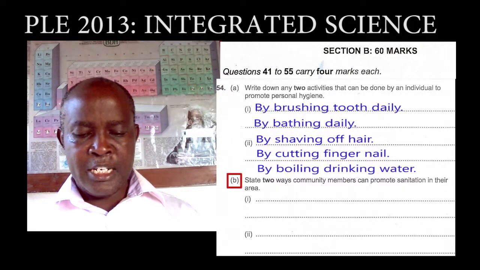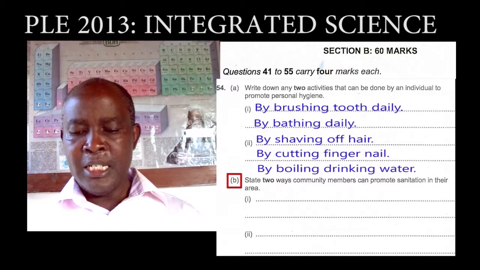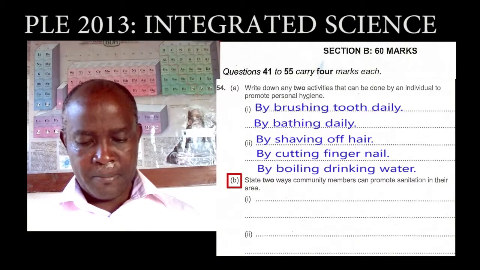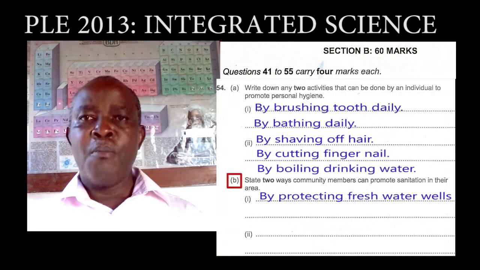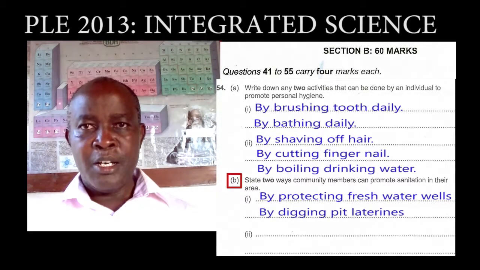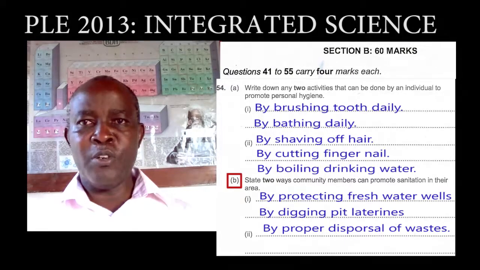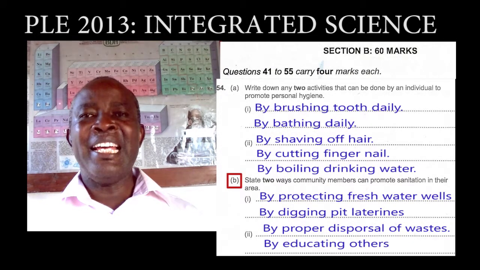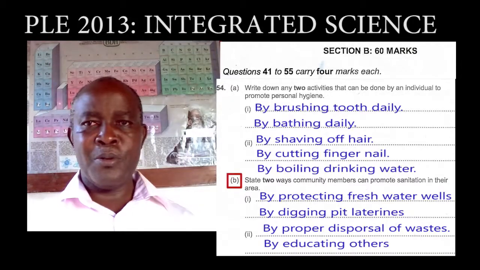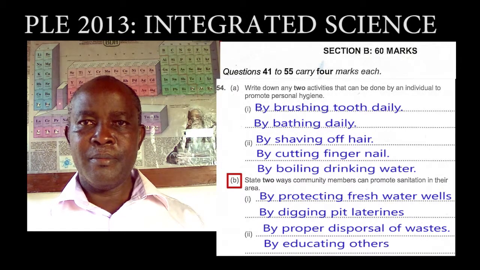B. State two ways community members can promote sanitation in their area. By protecting freshwater wells, by digging pit latrines, by proper disposal of wastes, by educating others about disease-causing organisms.